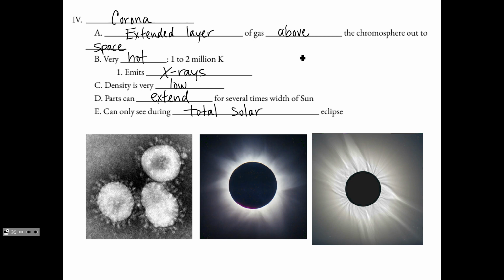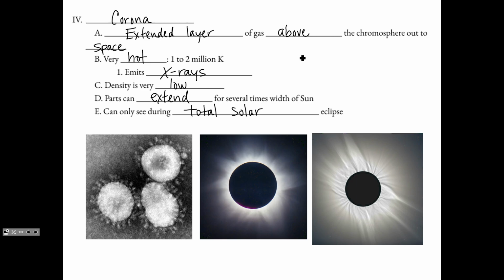The rest of the time we don't get to see it because the rest of the sun is much brighter. But we get to see these beautiful pictures. These pictures are a little bit better than what you would see with the naked eye, even during a total solar eclipse. But that's what we see. That's why it looks like there's this burning hole in the sky, because we are looking at the corona. So that is it.